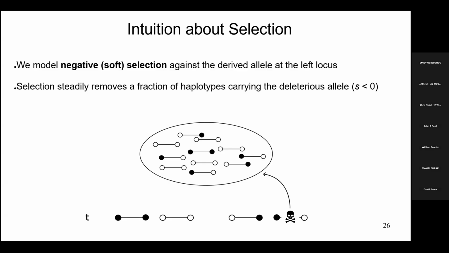And you can see here that by having this process of selection preferentially eliminating certain types of haplotypes, this is going to change the statistics over time. So we work on expectation, and in the end our model works such that selection steadily removes a fraction of haplotypes carrying the derived allele on the left. So S is going to be negative.